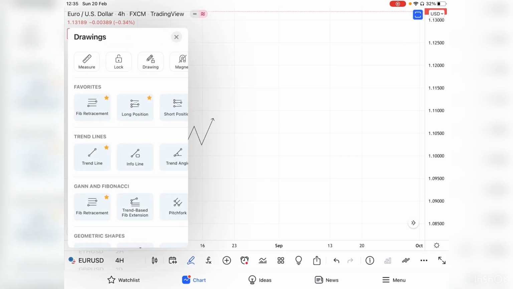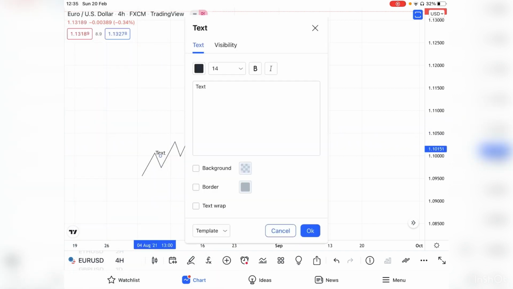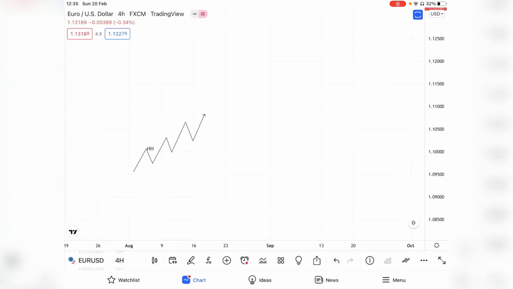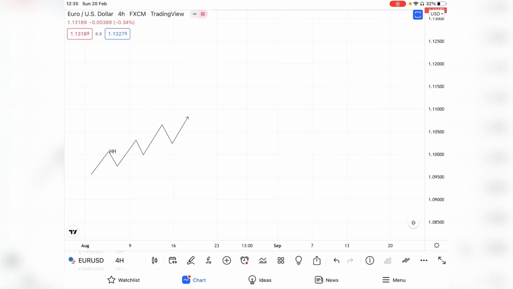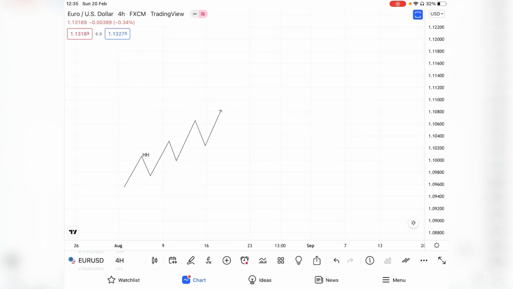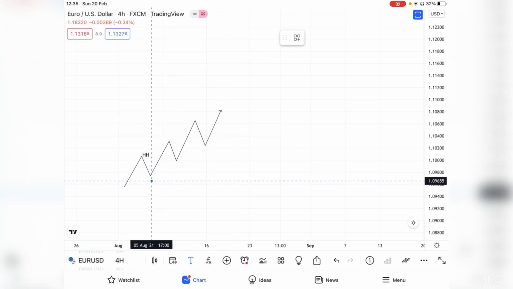So we can note the higher highs and higher lows for you guys to have them more clear. So this right here is a higher high. When you first start doing it, it would be a good idea to actually mark the higher highs and higher lows, because like this you'll get the hang of it even faster.